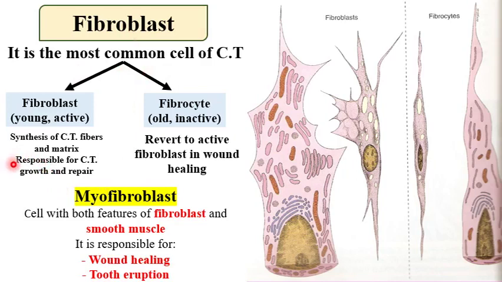It is also responsible for connective tissue growth and repair. So the fibroblast is responsible for synthesis of connective tissue fibers and the matrix, and growth and repair of connective tissue. This process of repair is called fibrosis from the general function. Fibrosis is a type of repair that occurs by fibroblasts.